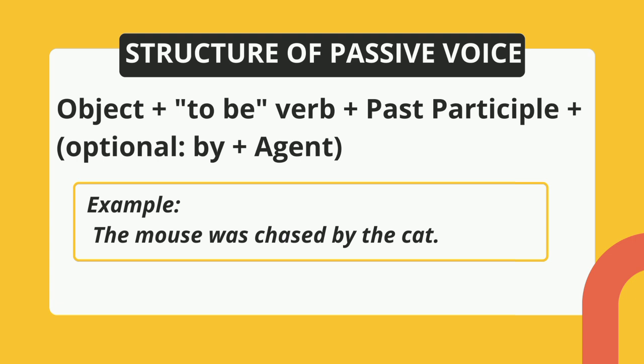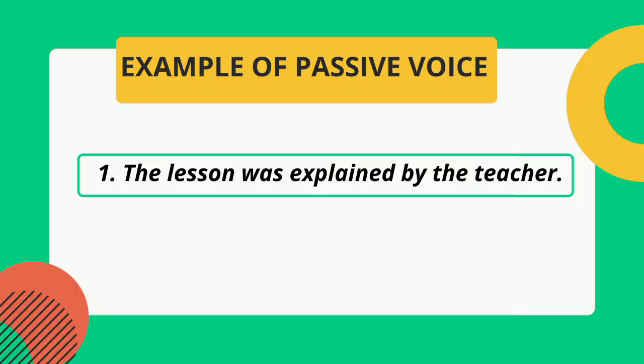The past participle there is chased. The mouse was chased. And the last component, by and the agent, is the cat. But the sentence can also be: the mouse was chased. That's why I said by and the agent are not that necessary. They can be optional.